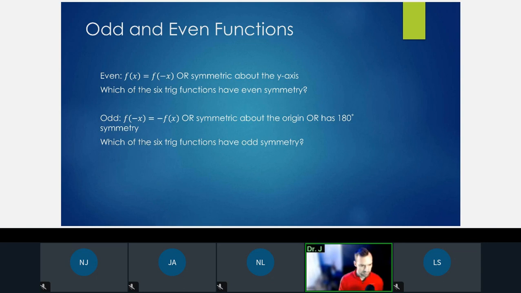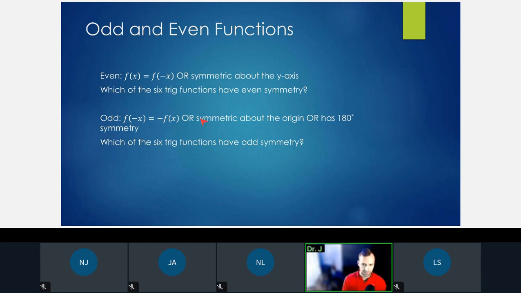All right, and then the odd ones. This one is a little different. Again, mathematically, we can check to see if f of negative x is equal to the negative of f of x. We would compare these graphs to see if they are the same, and if they are, it would be considered odd.